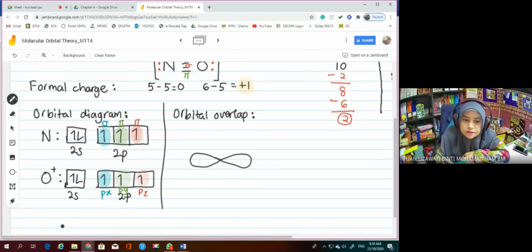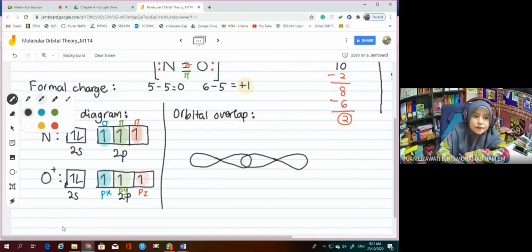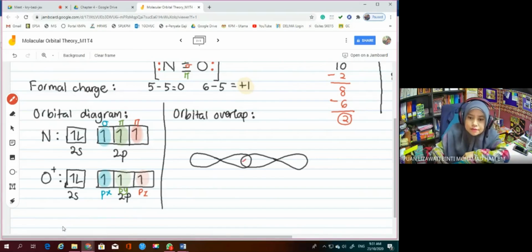Right, so this one is px for nitrogen. Okay, overlap. Alright, next, the overlapping area, you have to draw spin up, spin down, and then kena label sigma. So this one is px. Okay, next, we want to draw for the p.